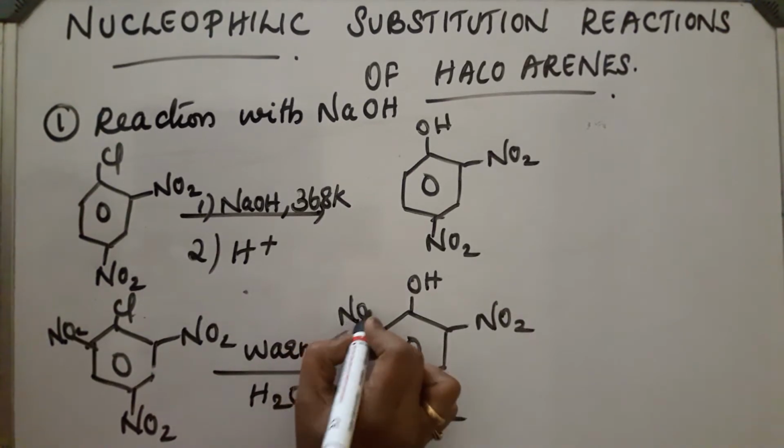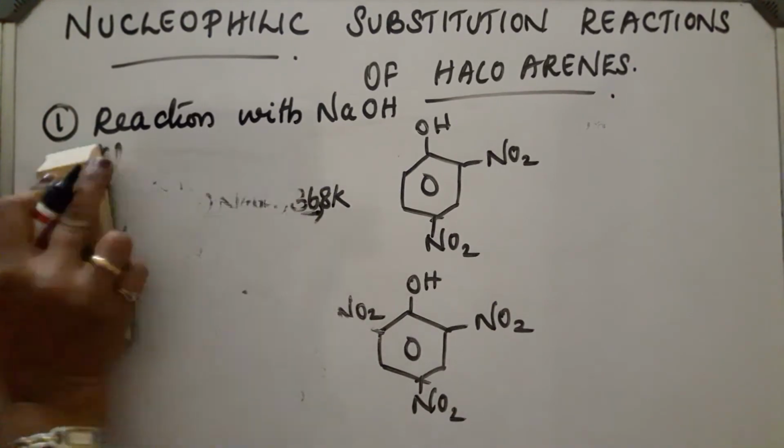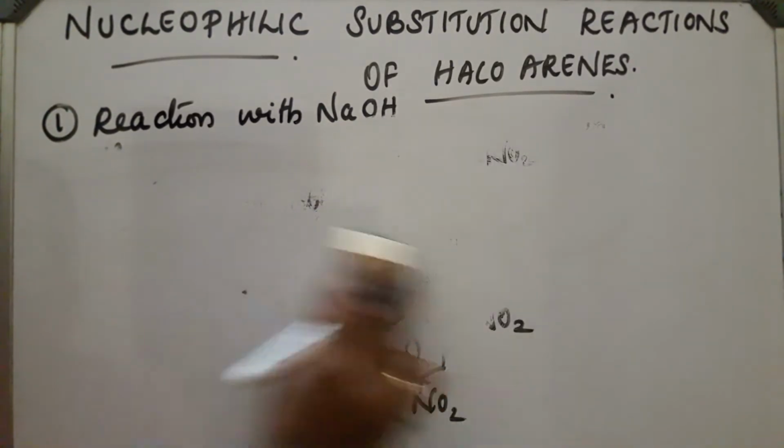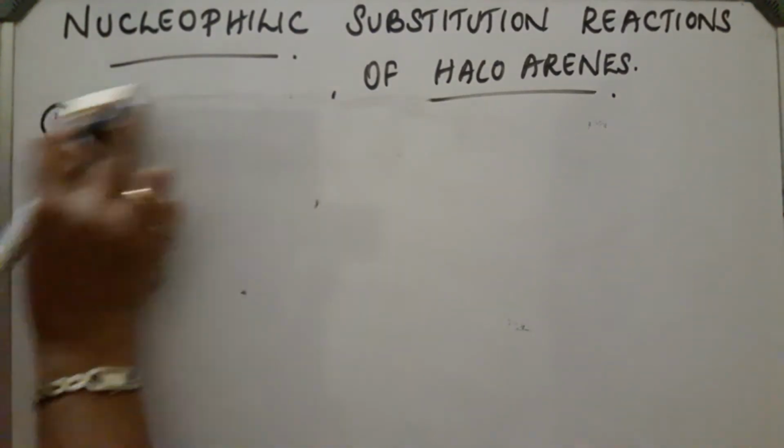These are the different reactions. So by the presence of electron withdrawing groups, the reactivity of haloarenes can be increased. Now, if an NO2 group is present in the meta position, there will not be any influence on the reactivity.